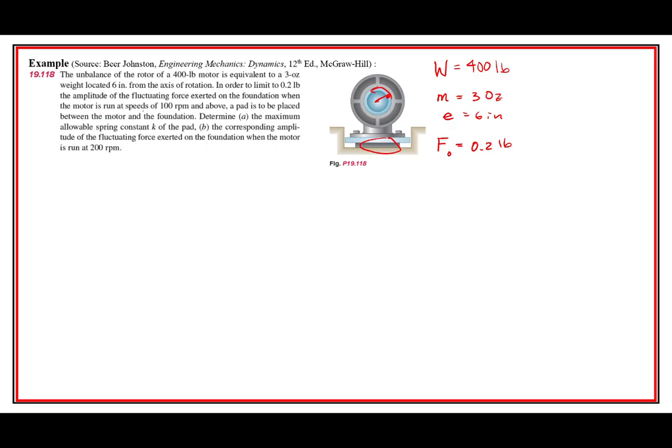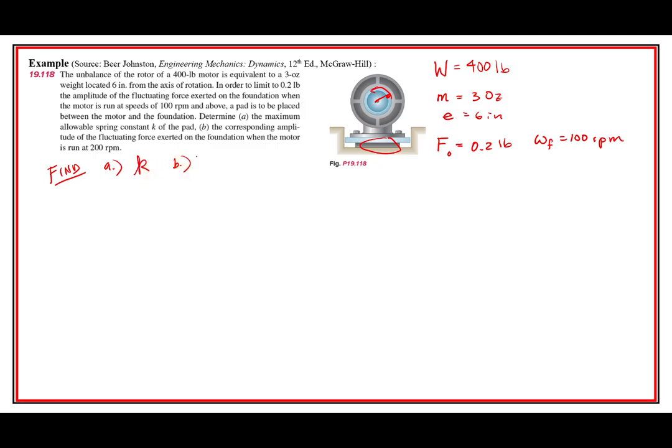When the motor is running at 100 RPM and above, a pad is to be placed between the motor and the foundation. We want to find the maximal K for this to happen.